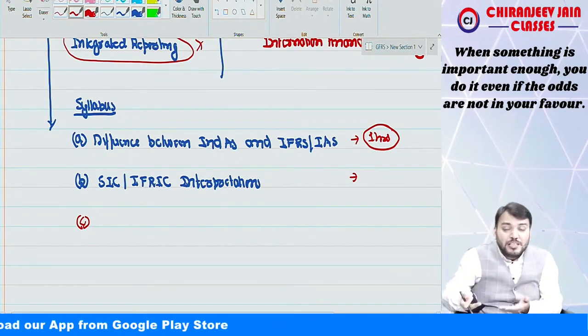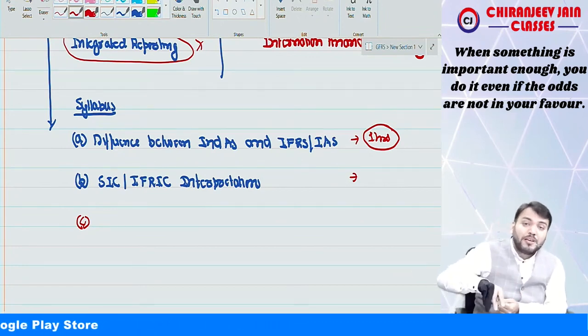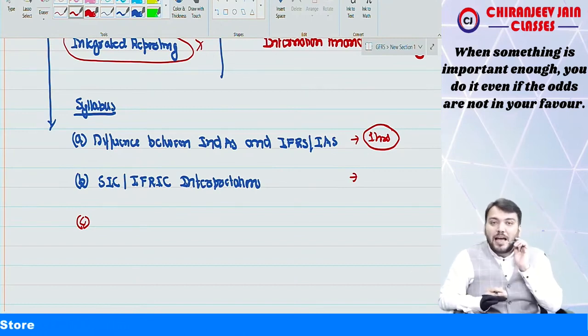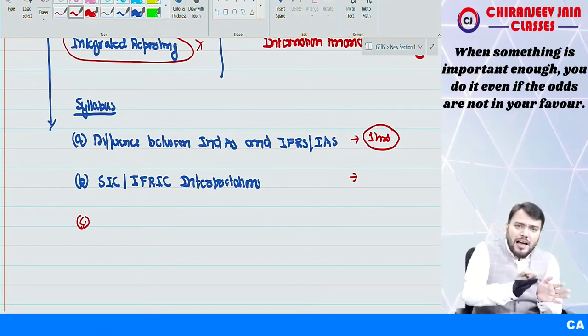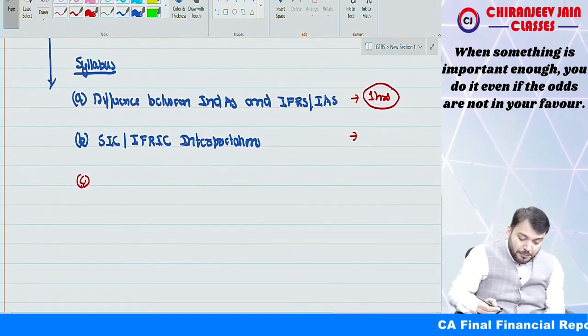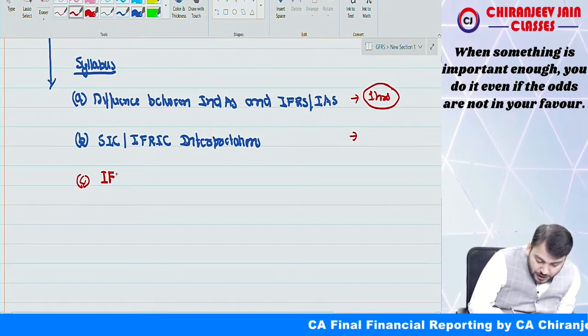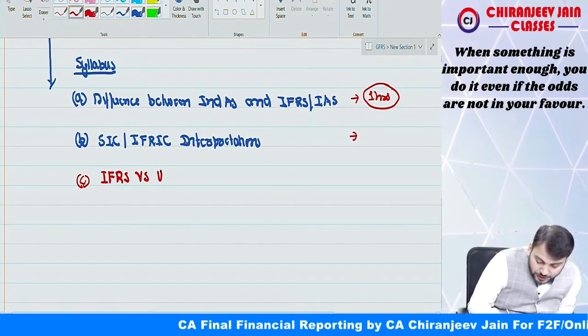Any companies listed on the US stock exchange need to prepare their financial statements based on US GAAP. And US GAAP and IFRS are different; they have some different accounting treatment. So we need to also understand the difference between IFRS versus US GAAP.